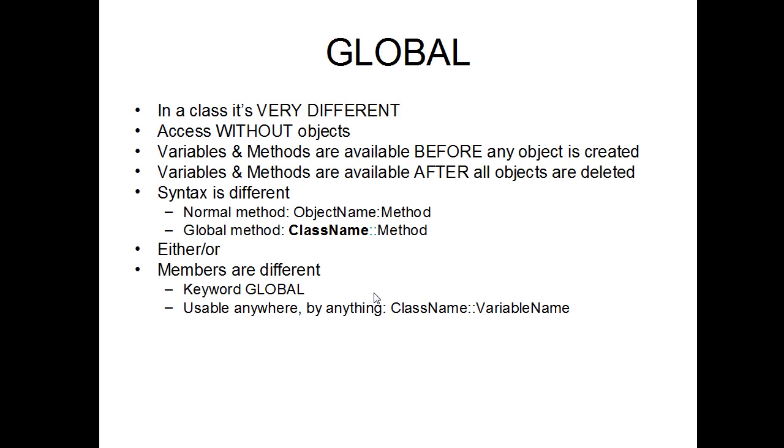This means that the first line of your project could be my class name colon my variable equal something, before you create an object, before you define anything, which means that you can use it to store global information, and we're going to go into that in the next slide.